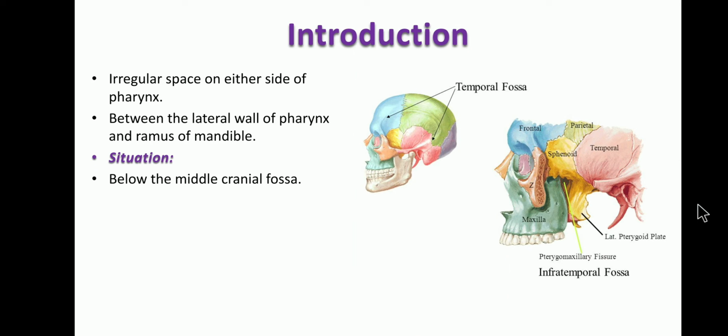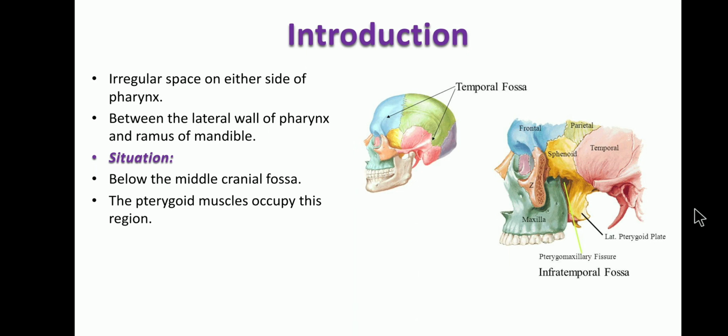The middle cranial fossa mainly extends from the posterior sharp border of the lesser wing of sphenoid, which is the anterior limit, and the posterior limit will be the upper surface or superior border of the petrous part of the temporal bone, where you have the attached border of the tentorium cerebelli.